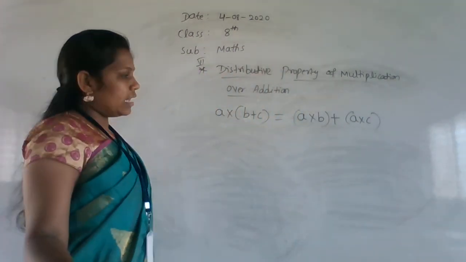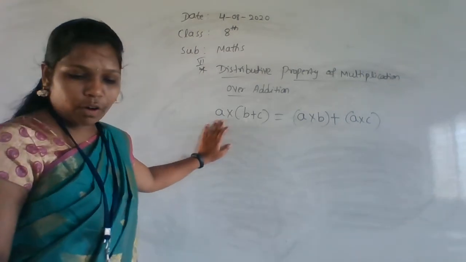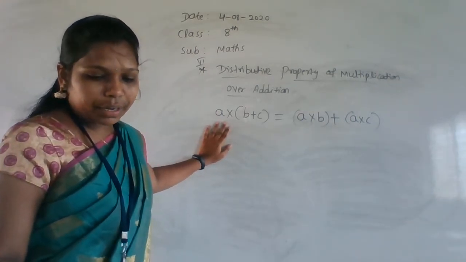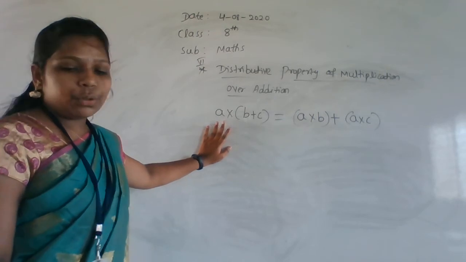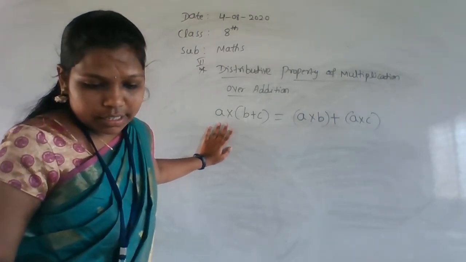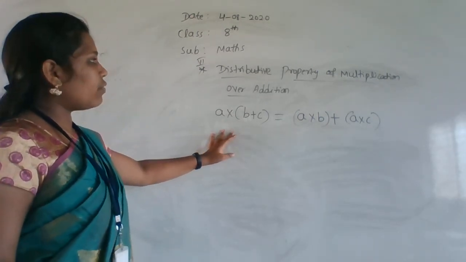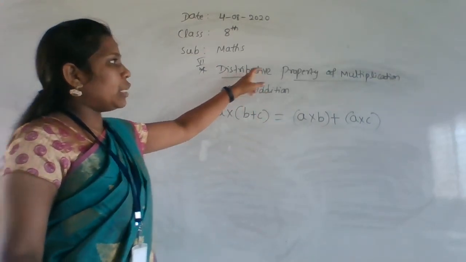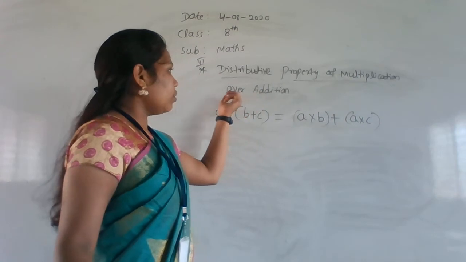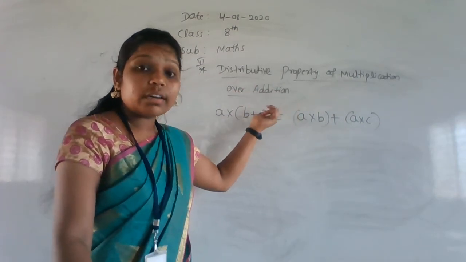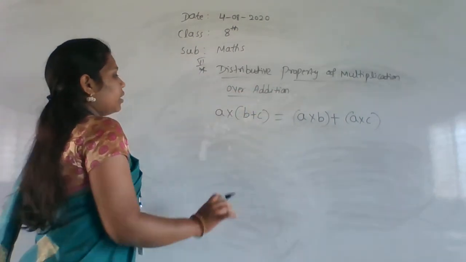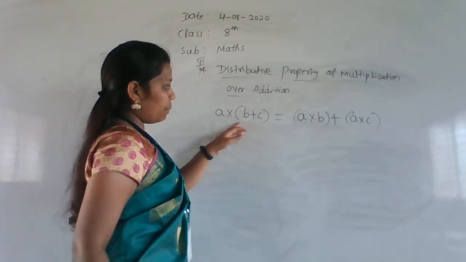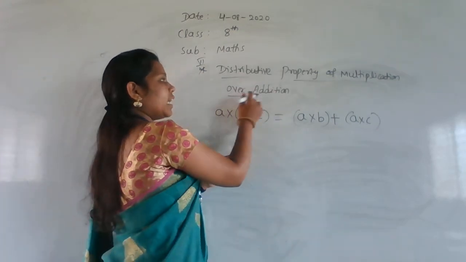I'll explain it here. See, I have given the general formula here. They gave only addition, right? Even you can verify it for subtraction also. The distributive property of multiplication over addition: here a into (b plus c), over addition they have given, right?